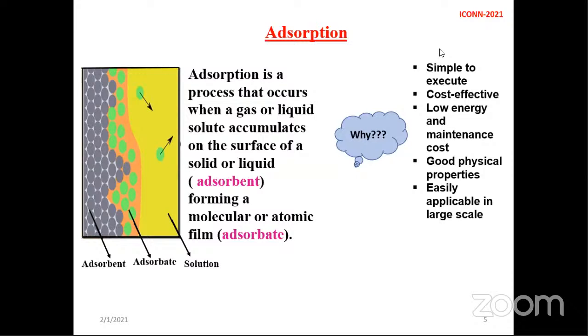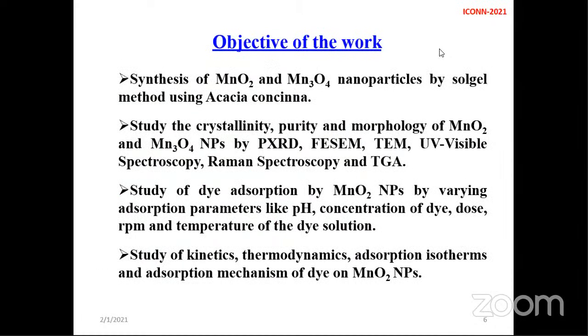We focused on adsorption because it is very simple to execute, highly cost effective, has low energy and maintenance cost, has good physical properties, and is easily applicable in large scale industries.